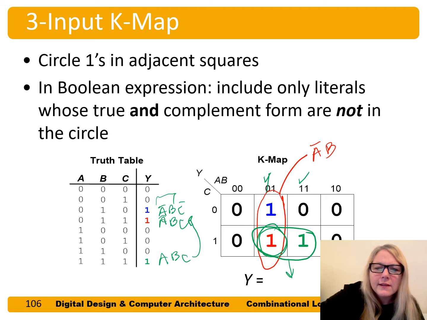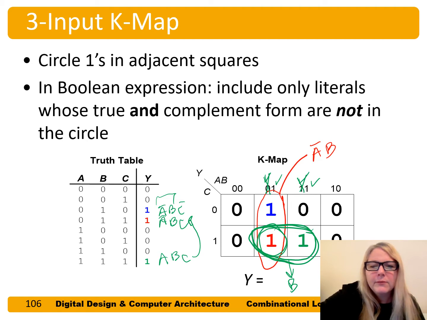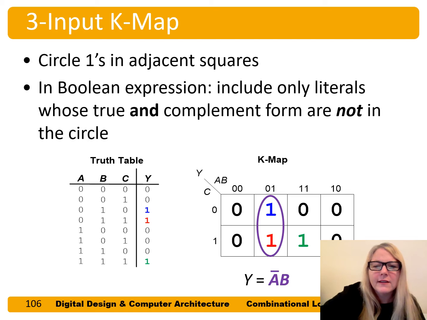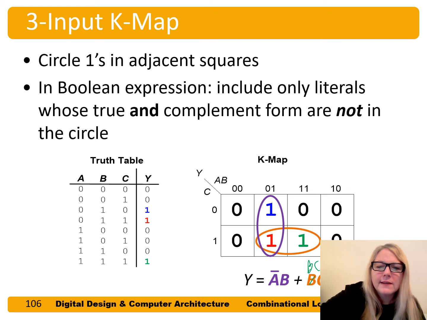So a is not included in our implicant, but the true form of b is the only form that's included in this green circle down here. So we have b and only the true form of c. And now we OR those implicants together and get a bar b or b and c.